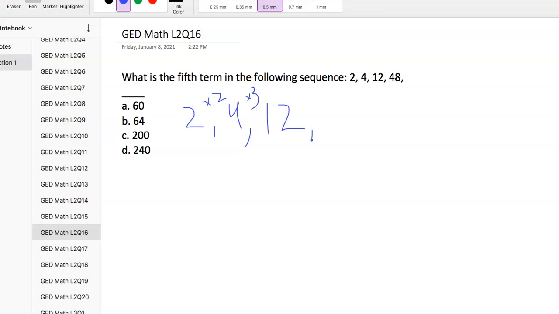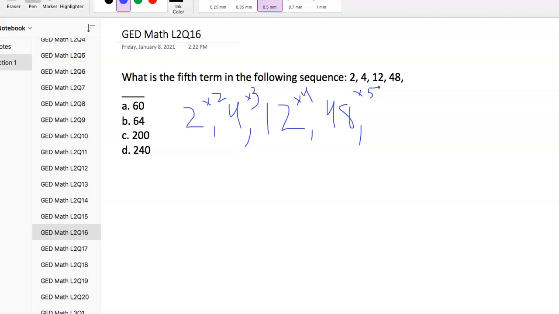Okay, what's the next number? 48. Okay, as I see times 2 and times 3, the first thing I'm testing out is, is this one times 4? And yeah, 12 times 4 is 48. So what do you think the next one's going to be? Pretty good chance that the next one is times 5, isn't it?